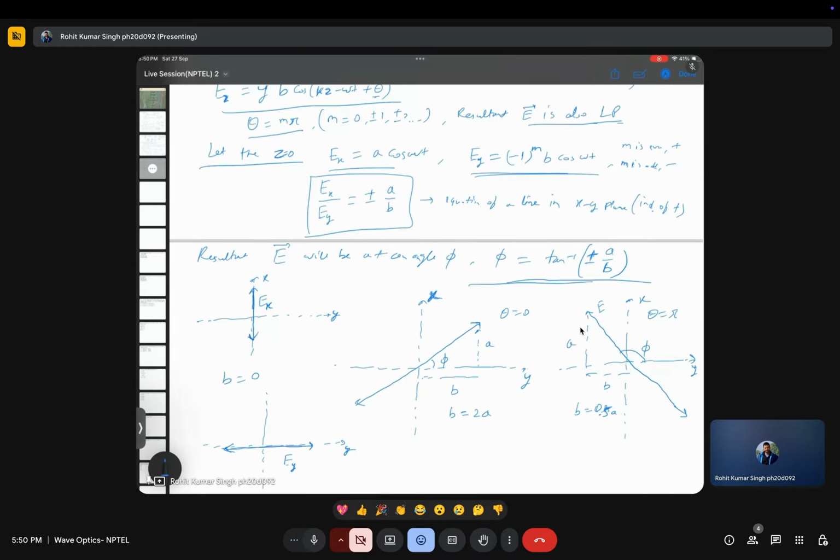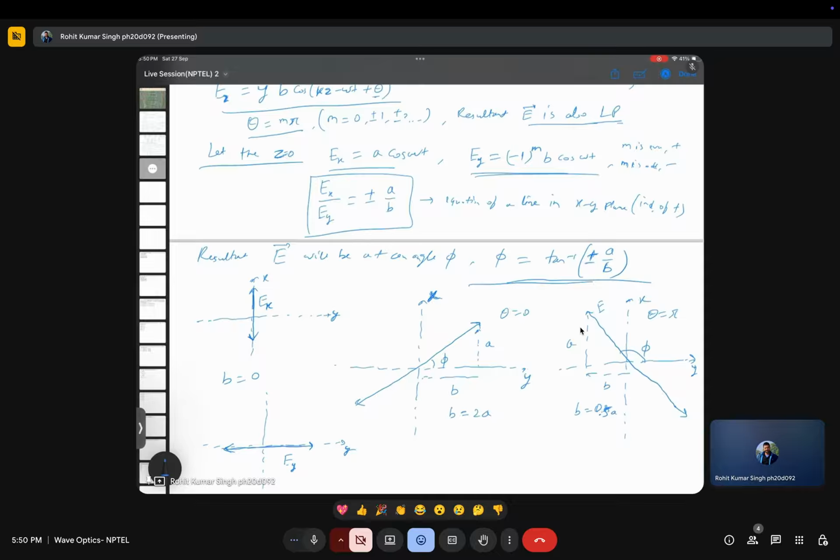Okay, I understand now. And this minus and plus sign depends on the theta, right? If it is 0, you will have plus sign. If it is 1, you will have minus sign. Then if you have 2, again plus sign, then 3 minus sign, and so on.